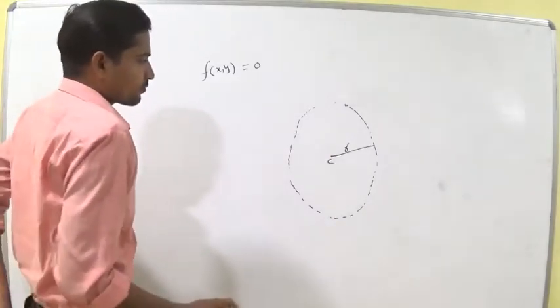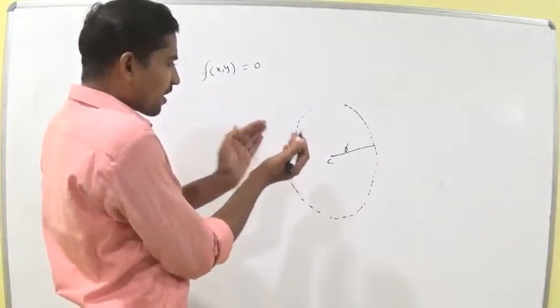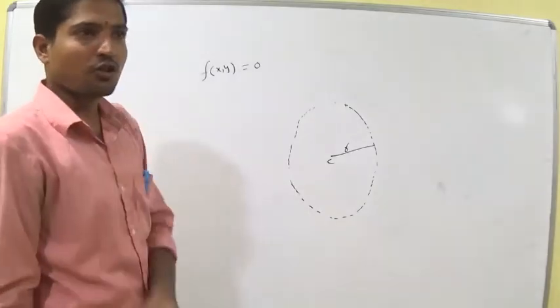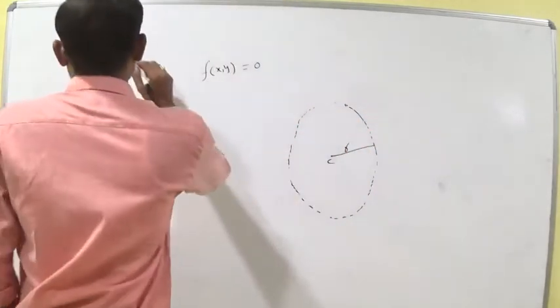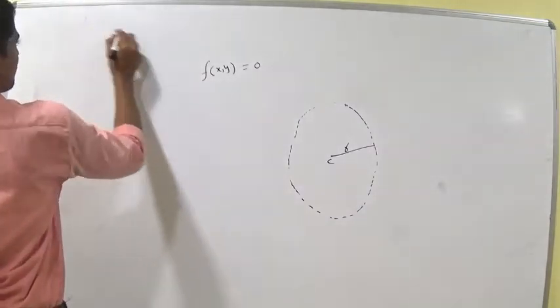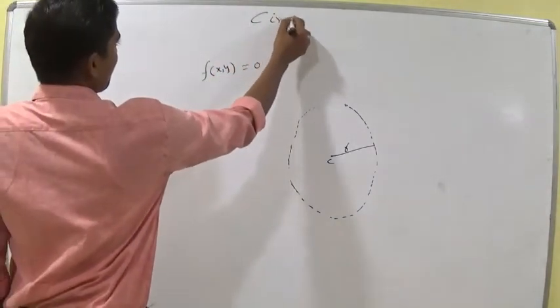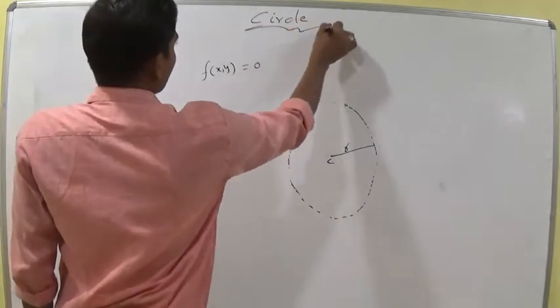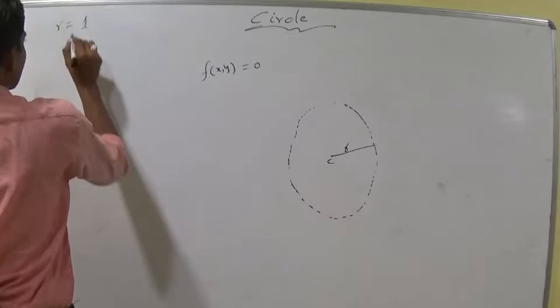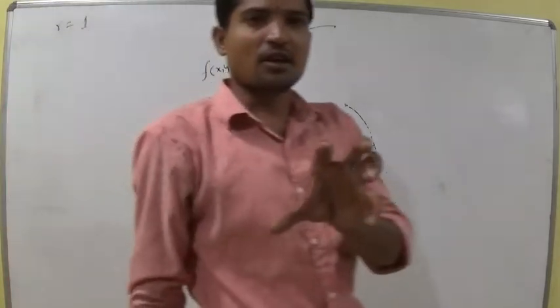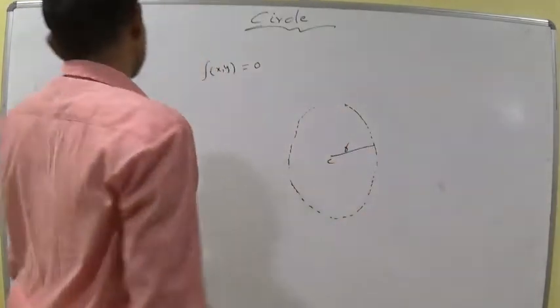Suppose the radius is unity, then that is called a unit circle. The radius is 1 unit, then that is called a unit circle.